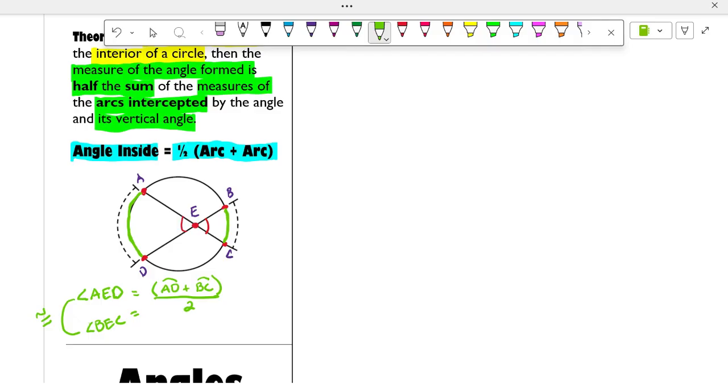So let's say, for example, that this arc AD was 70 degrees, and arc BC was 40 degrees. How would I find those 2 angle measures?